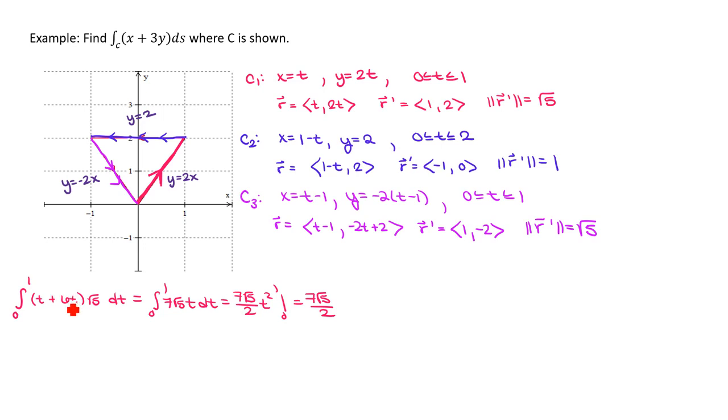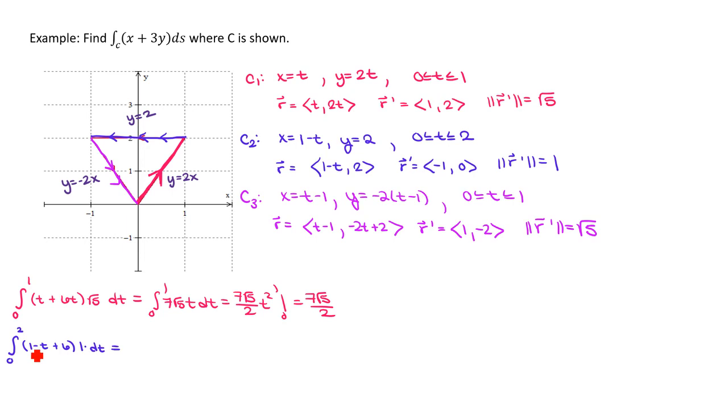All right, so this is the same thing as 7t times root 5, or 7 root 5 t. I find the antiderivative, plug in my bounds of integration, and I got 7 root 5 over 2. So that's what I get when I compute my line integral along C1, that path in red.